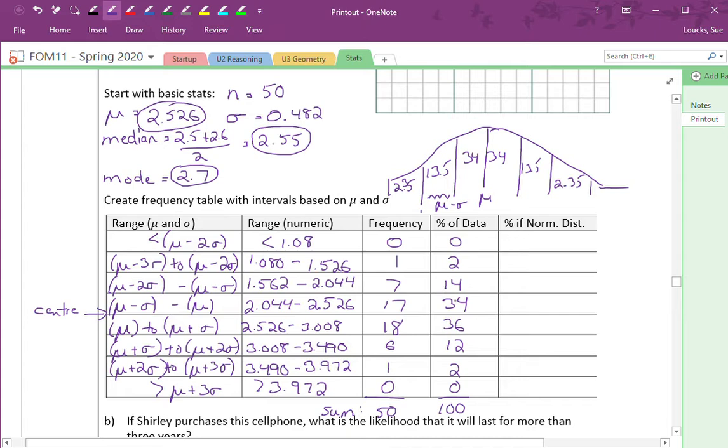So this one here should be 34%. This should be 34%. This should be 13.5%. This should be 2.35%. This should be 13.5%. This should be 2.35%. So that's pretty close, right?